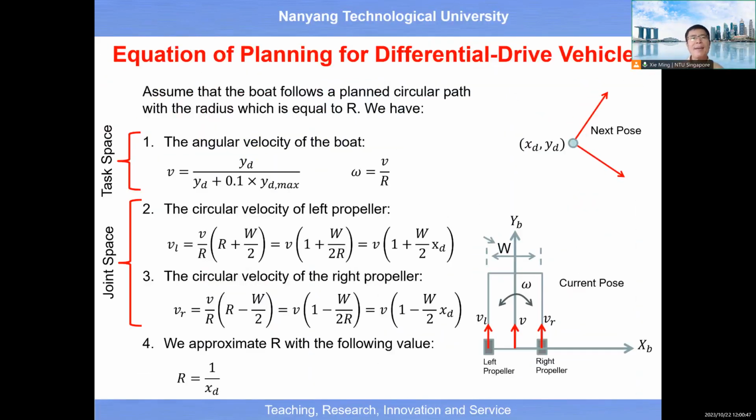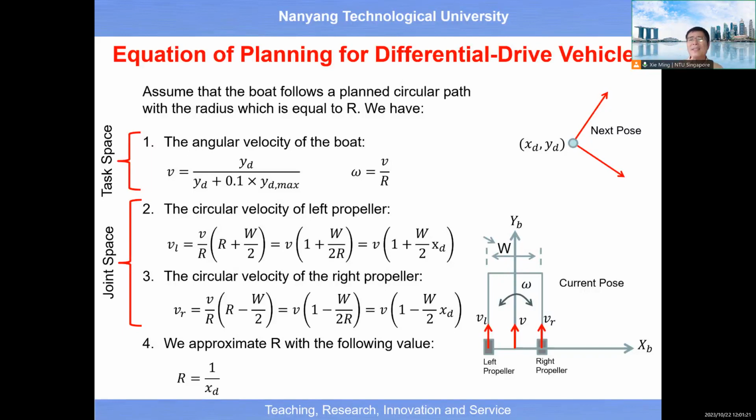Then you will see, if we know the current pose of our vehicle, let's say a water surface vehicle, and we know the next pose of the water surface vehicle, then inside the local coordinate system assigned to the autonomous surface vehicle, if we know the position of the next pose, XD, YD, we can use XD, YD to directly compute the linear velocity and the angular velocity of our surface vehicle.